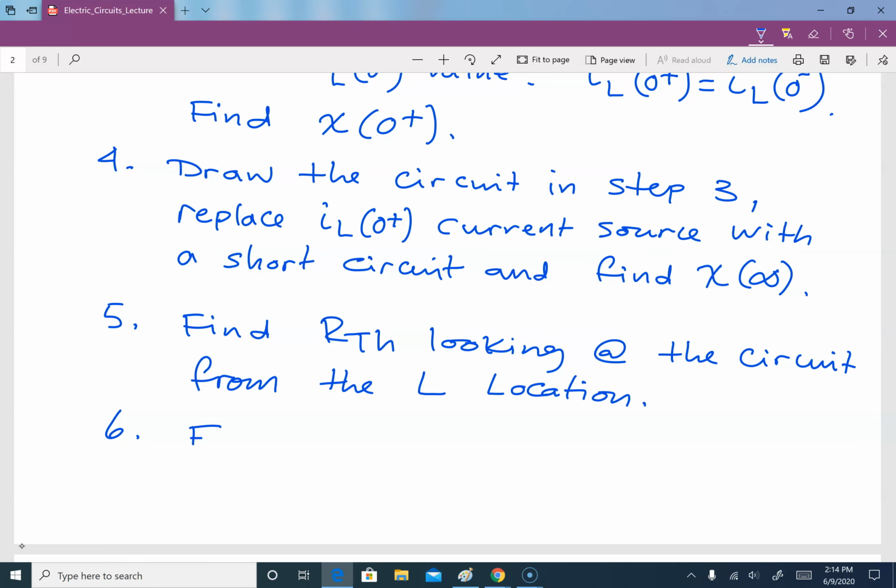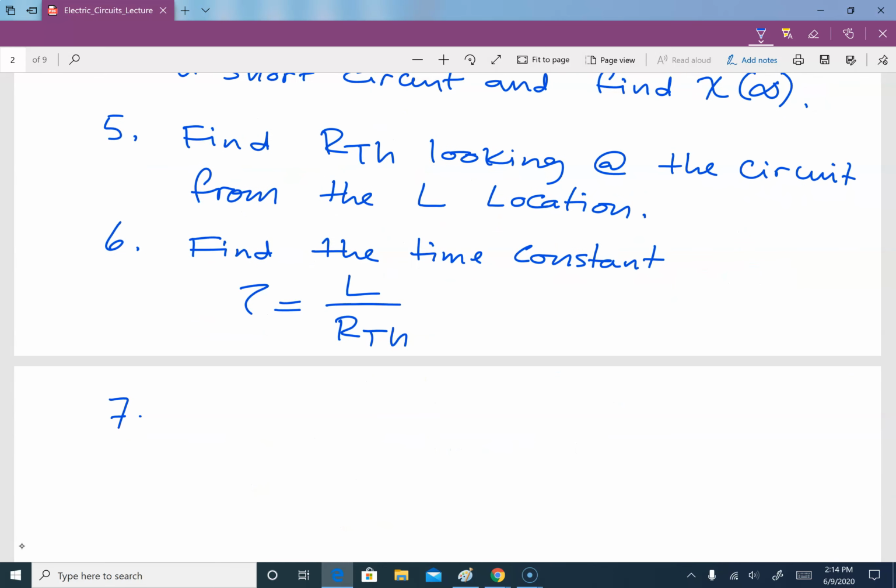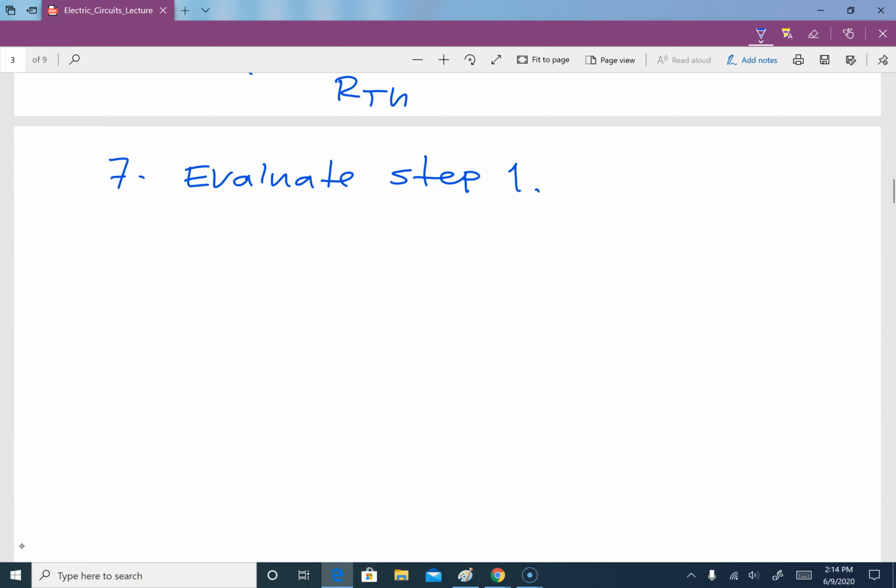Step number 6, find the time constant, and in this case tau is equal to L over R Thevenin. And step number 7, evaluate step 1. These are the 7 steps that we need to follow.